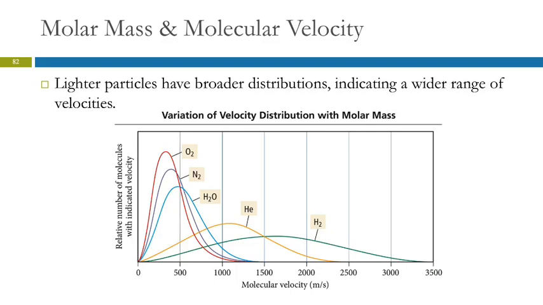So for a small gas like hydrogen, which is the smallest thing there can be, it has a very wide distribution. There's a big variation in how fast the particles are moving. As the gas particles get larger and larger, the distribution narrows.